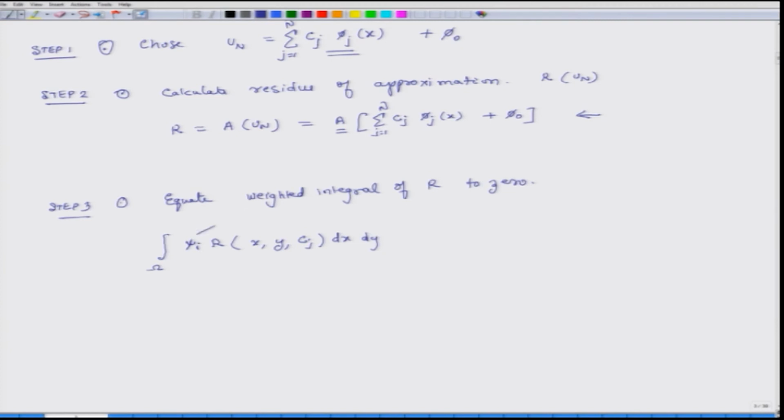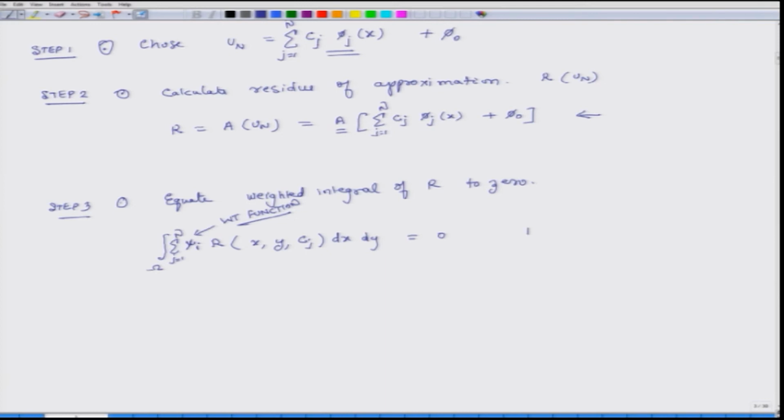So, this is my weight function, and this I equate to 0. And of course, I forgot, I have to sum it over j equals 1 to n.